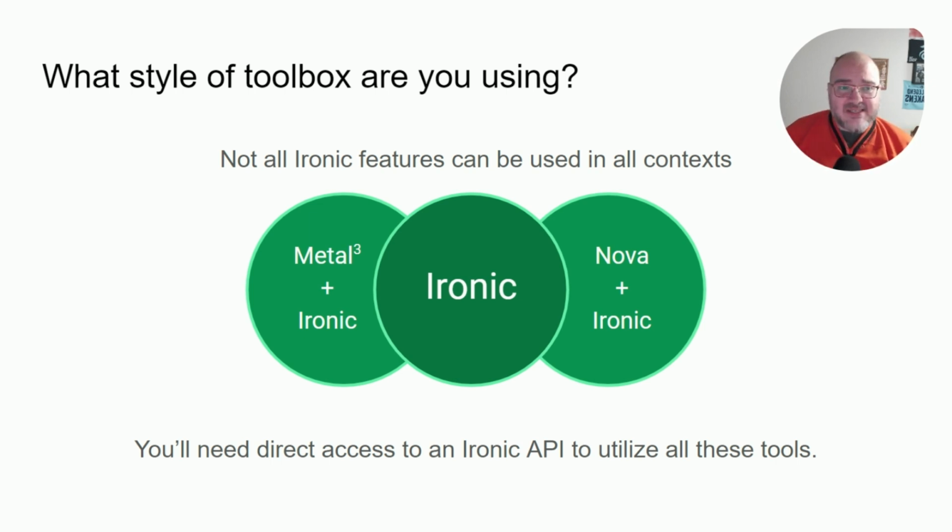So for purposes of this talk, I'm going to assume you've got direct access to an Ironic API server, which is always possible, even if you're using these things in front, but just pointing it out. And when we start getting into deployment related features, I'll take the time to point out how you can use these with Nova specifically.